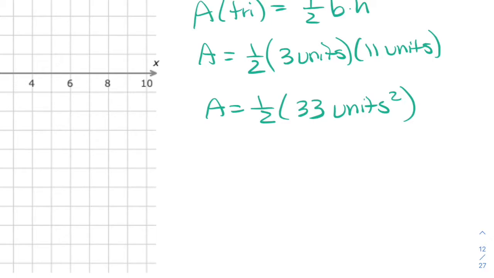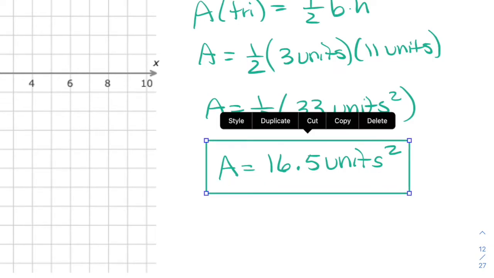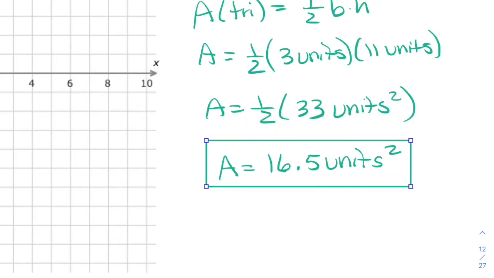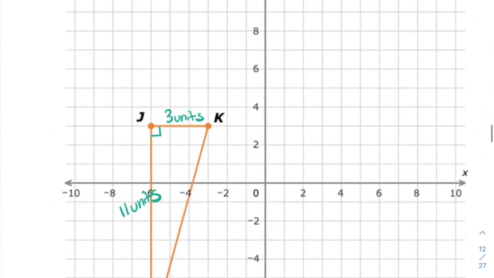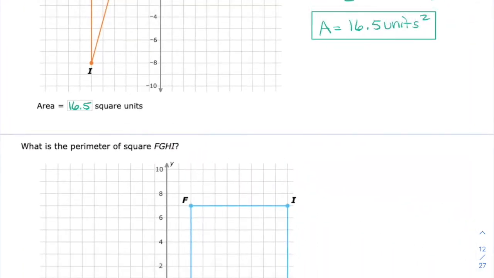So 3 times 11, yep, divided by 2 is 16.5 units squared. All right, 16.5. There we are. So now let's find the perimeter.